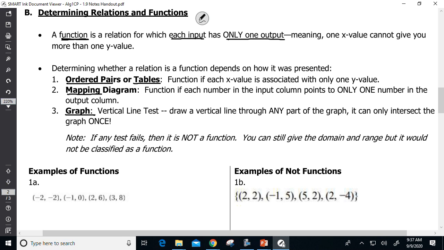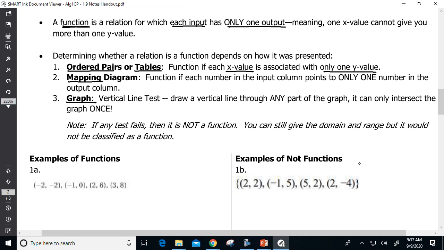For an ordered pair, the x value only has one y value. In other words, the x value cannot repeat. So if you have an ordered pair and if you have a table, x cannot repeat.